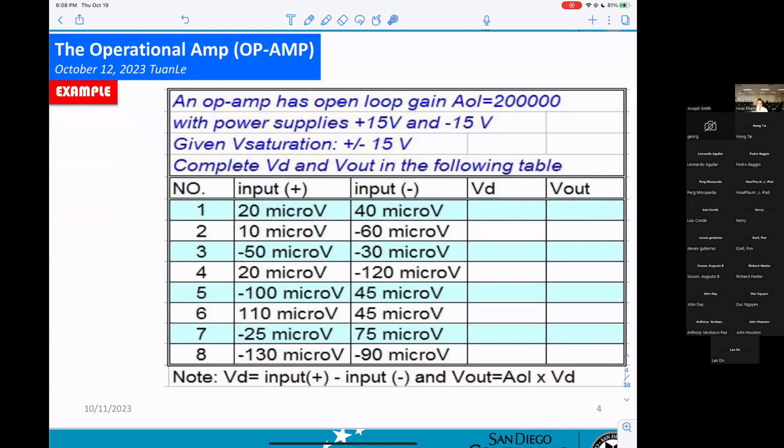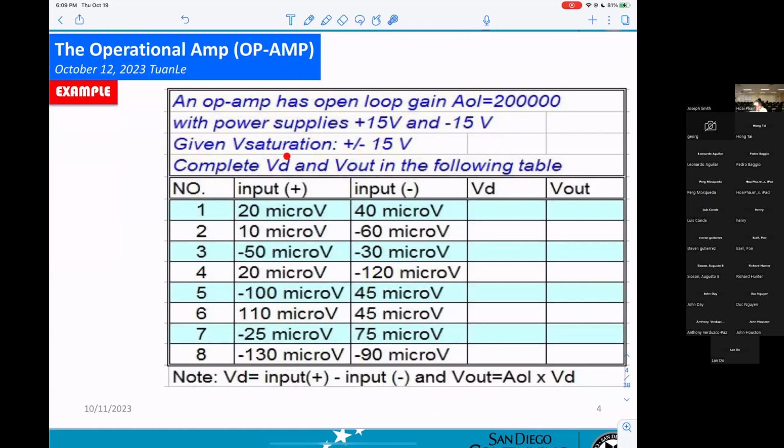That's just an example. In reality, it would be 15 minus 1.4 volts. However, here we don't care, so that's why V saturation uses plus or minus 15 volts.